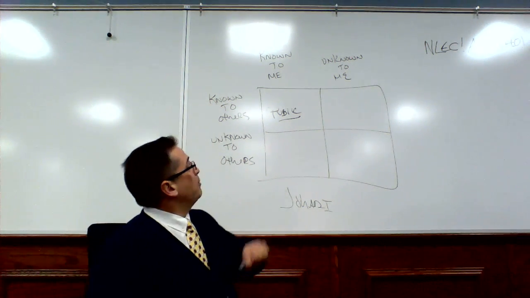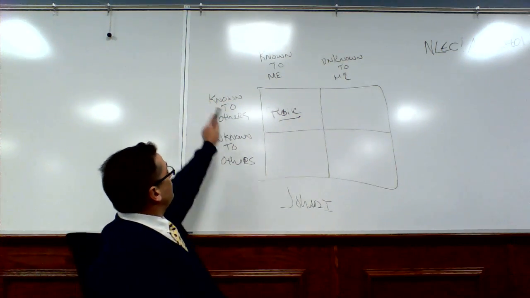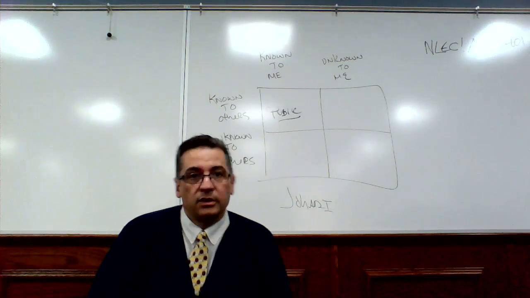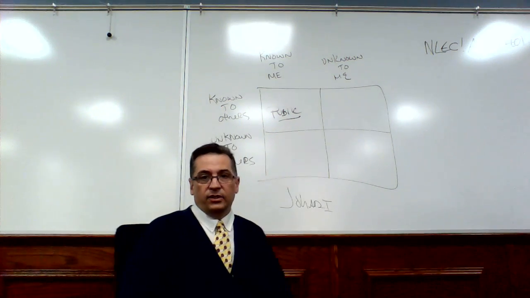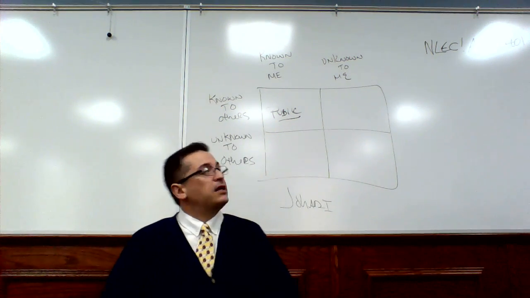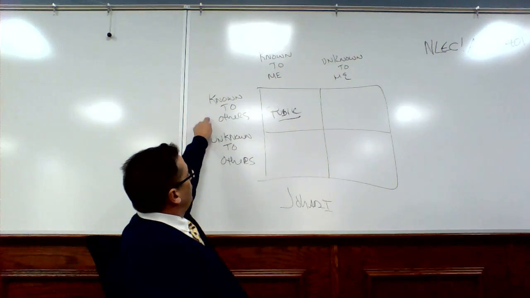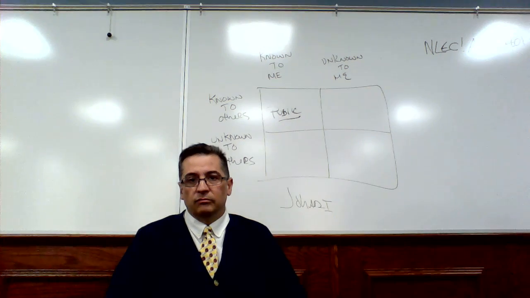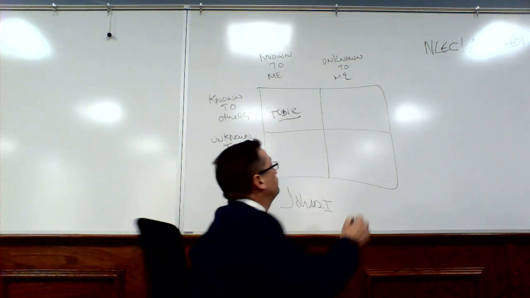So let's move on to our next pane here. Let's say there's something that you know that I do, but I don't. What would we call this? A behavior that you know, but I don't. That's a blind spot, right?